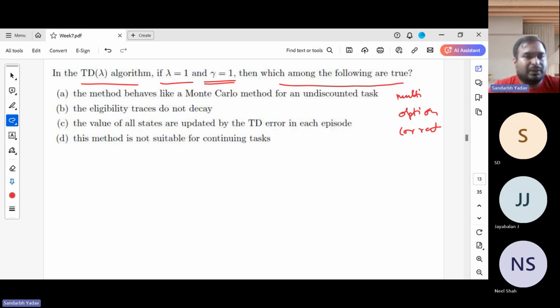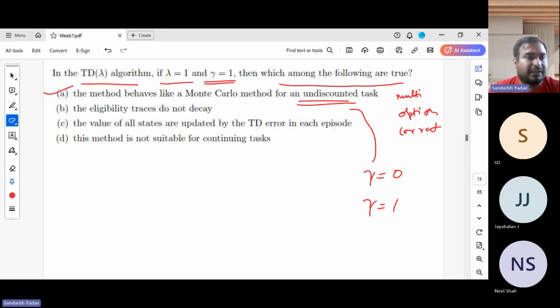If lambda equals 1, the method behaves like a Monte Carlo method for an undiscounted task. One thing to remember is that generally we think undiscounted might mean gamma equals 0, but undiscounted actually refers to gamma equals 1. So this is true, right? Lambda equals 1 ensures that TD lambda will behave as a Monte Carlo method for an undiscounted task because gamma equals 1.